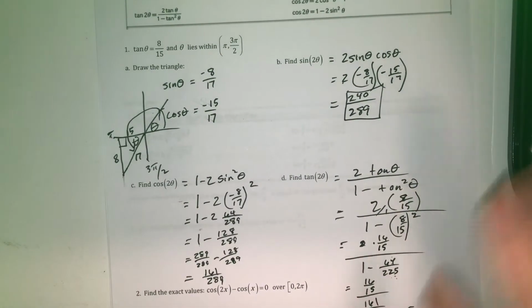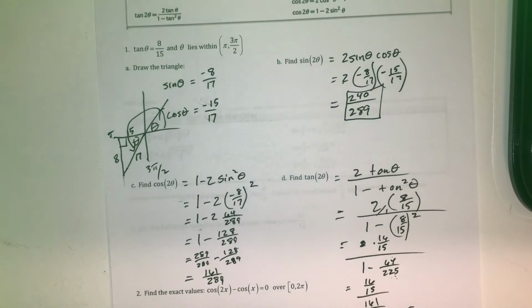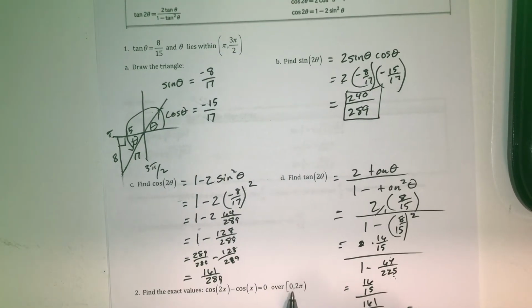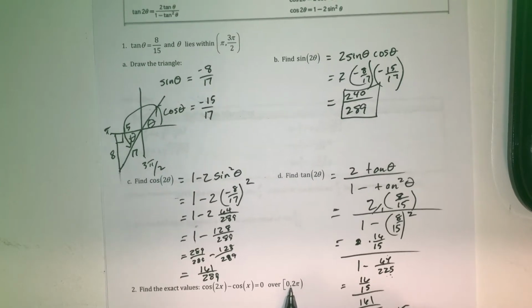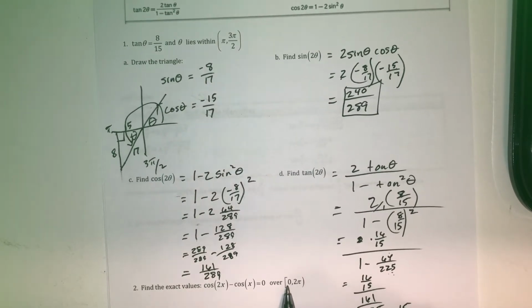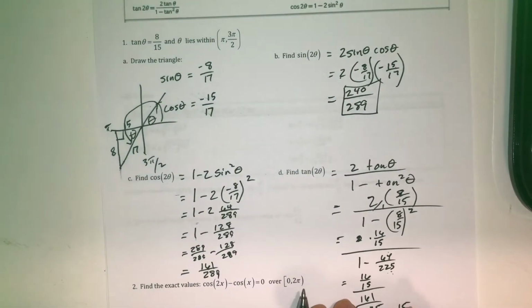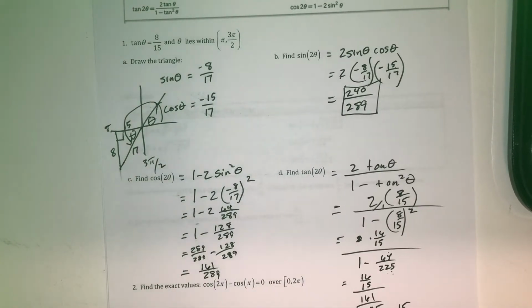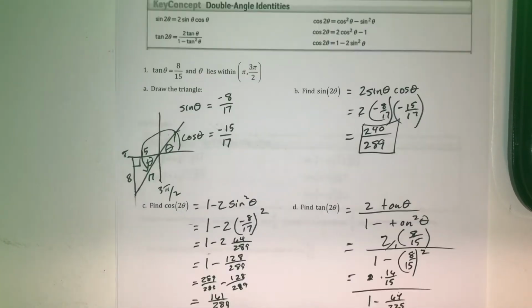Okay, let's go to problem number 2. Problem number 2 says find the exact values of the cosine of 2x minus the cosine of x equals 0 over the interval from 0 to 2 pi, including the 0 but not the 2 pi. Okay, well, let's use our double angle identity. That's what this is right here for the cosine.